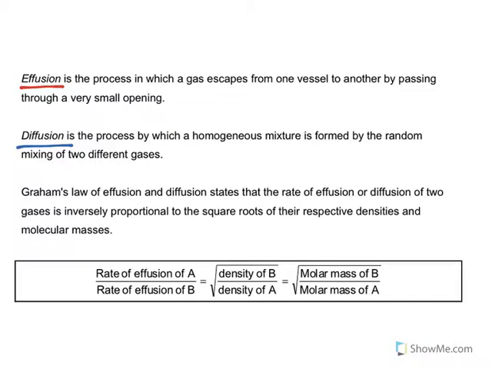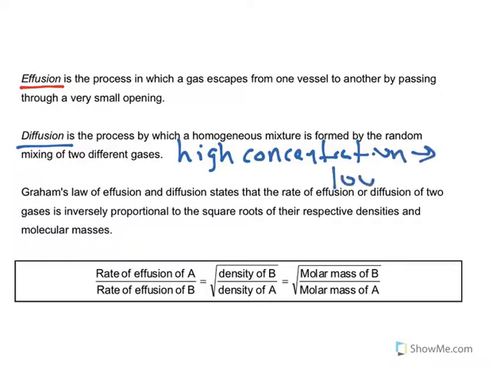So anything escaping from one vessel to another through a small opening is effusion, whereas diffusion is just the spontaneous mixture of two gases. And we tend to think of diffusion as going from high concentration to low concentration.